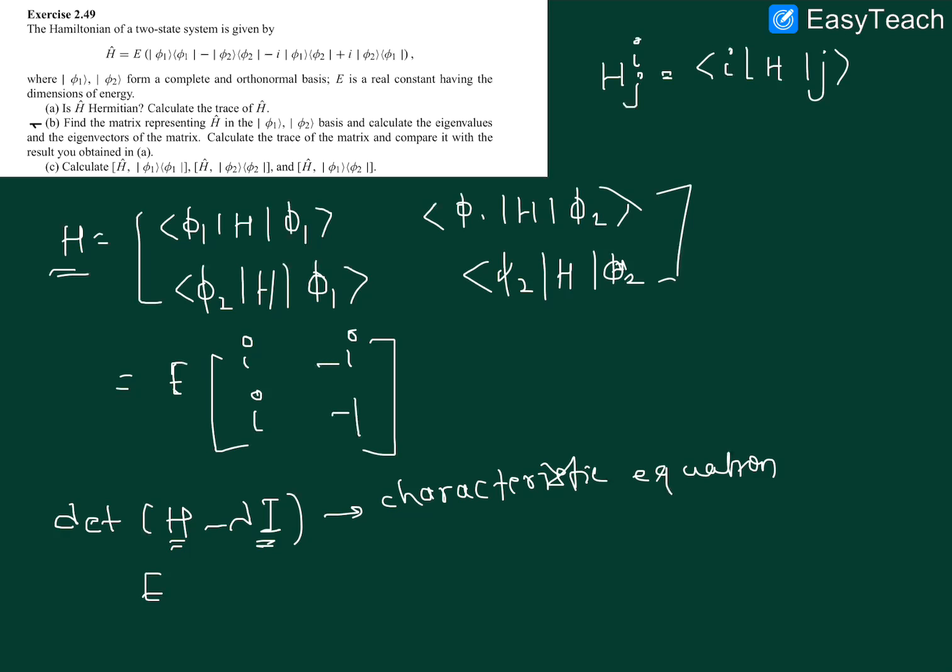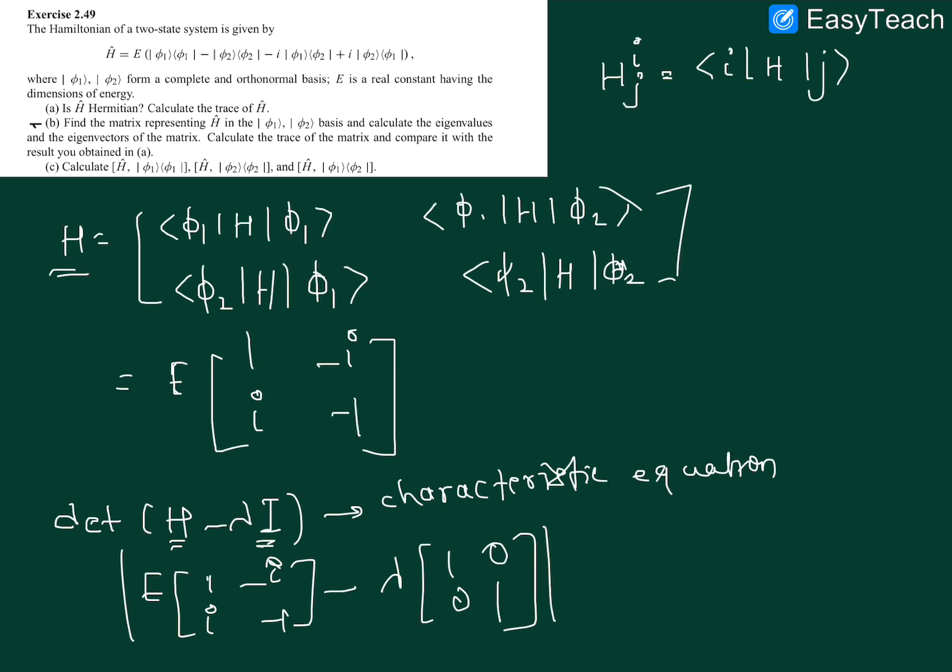H is E times 1, minus i, i, minus 1, minus lambda, 1, 0, 0, 1. We have to calculate the determinant of this, that is (E minus lambda) times (minus E minus lambda), minus (minus iE) times (iE), which is equal to 0.